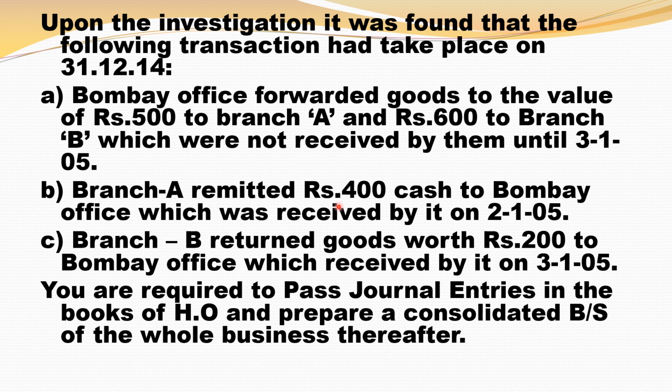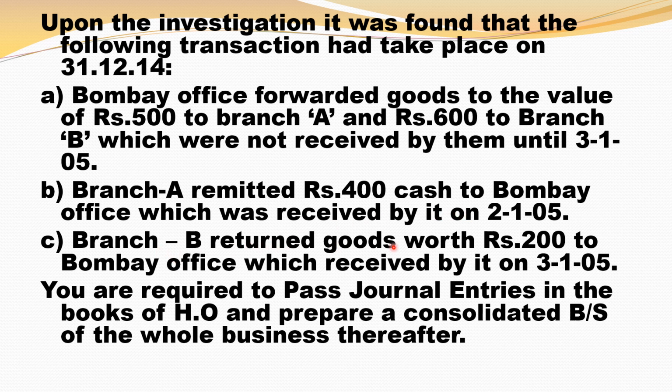Branch A remitted 400 cash to Bombay office, which was received by it on 2nd January. This is called cash in transit. That means cash is sent, but it is not delivered to head office. It is not delivered before December; it is delivered on January 2nd. So it's an asset in the balance sheet.